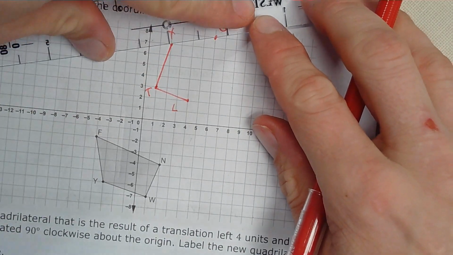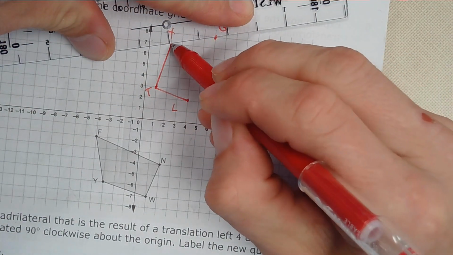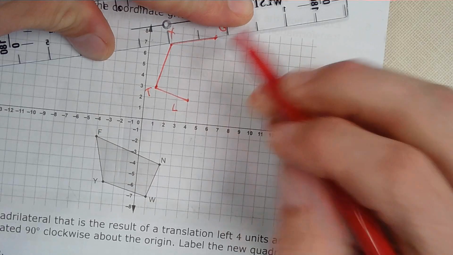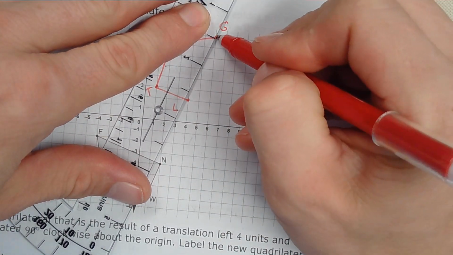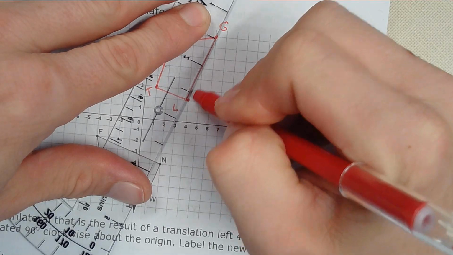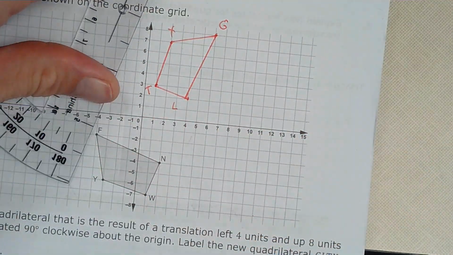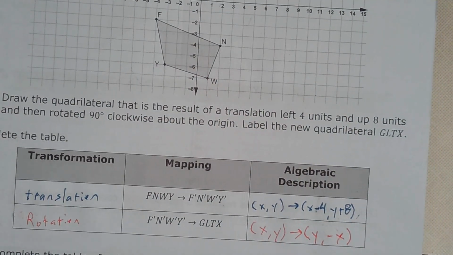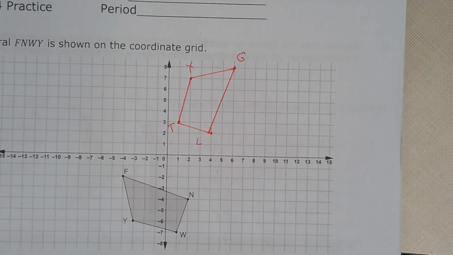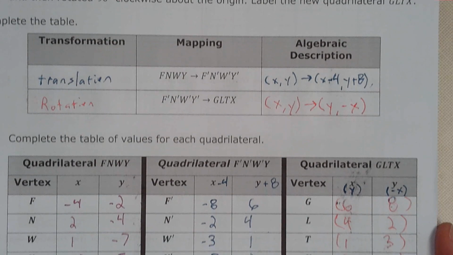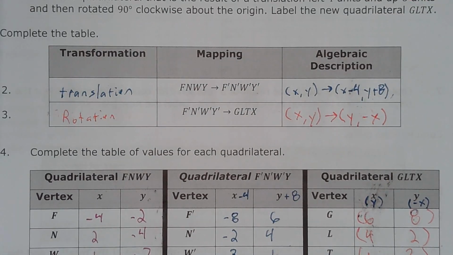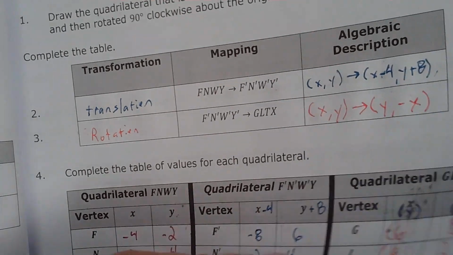Connect X to G. And then G to L. That's a little off, but that's good enough. Okay, and notice how you complete the first page, from there to there. So that's how you do 1, 2, and 3.